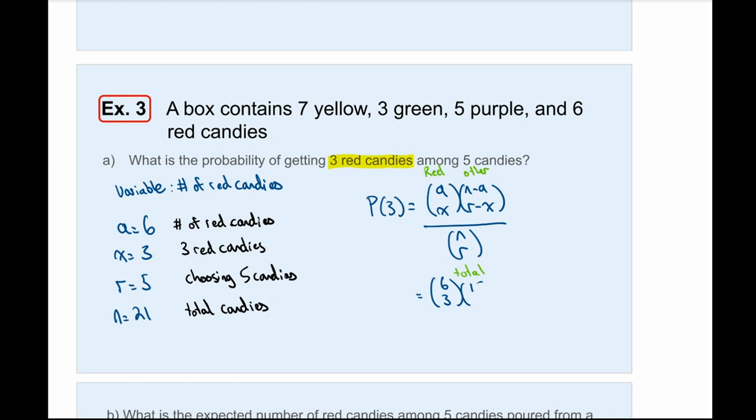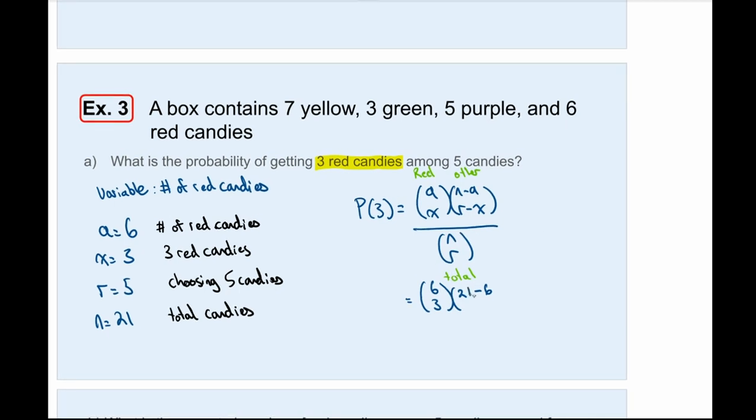Choosing, or let's just go through and do the actual formula. So we have 21 minus 6, choosing 5 minus 3, all divided by 21 choose 5.